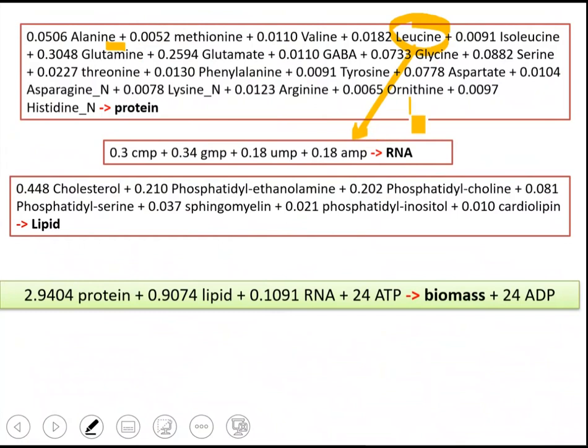Leucine requires one alpha ketoglutarate, 2 pyruvate, 2 NADPH, etc. So all those requirements are multiplied by this coefficient, and rather than leucine here, they write alpha ketoglutarate, pyruvate, NADH, NADPH, etc. So each building block is written in terms of its required precursor metabolites.